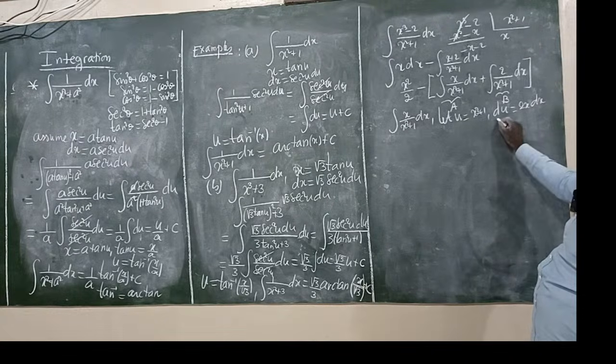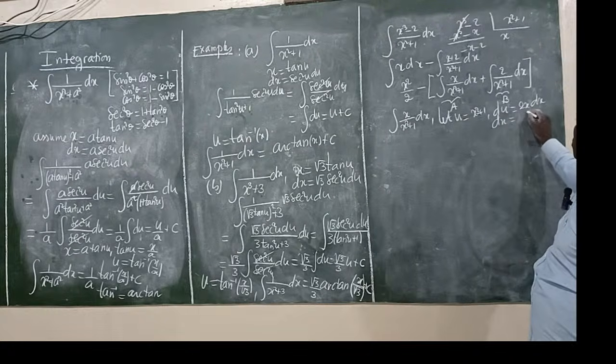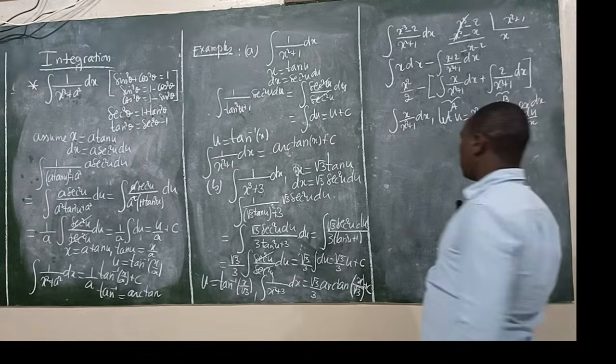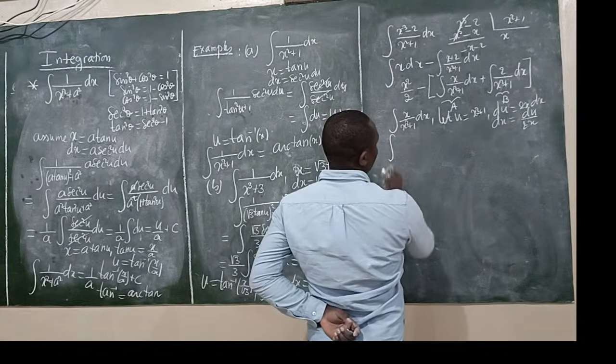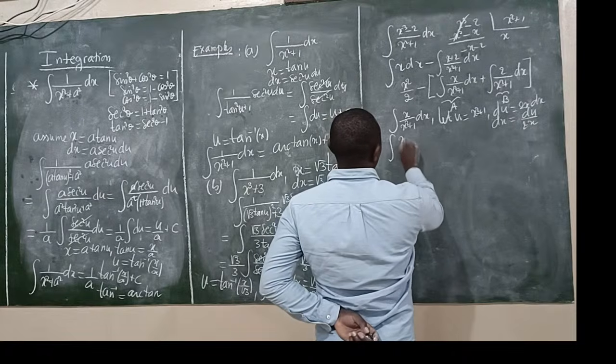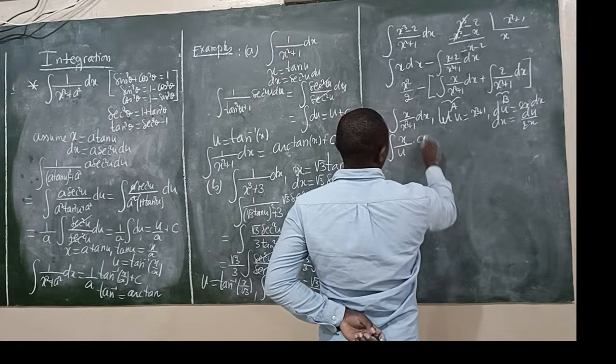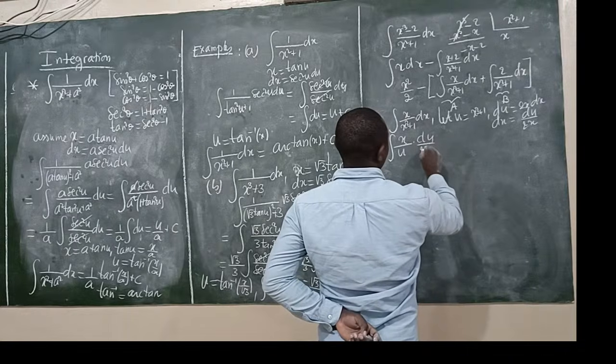What we need is dx, it's going to be du over 2x. And the integral becomes x by u times du over 2x.